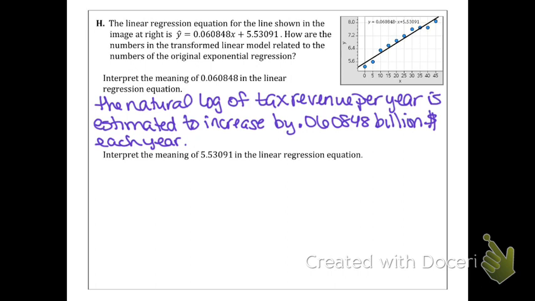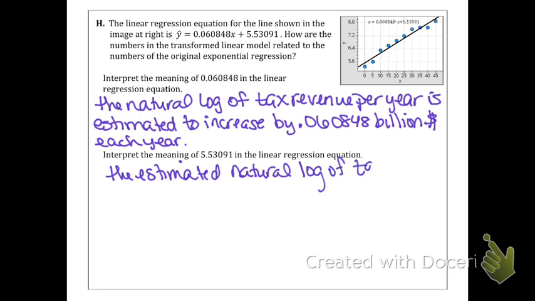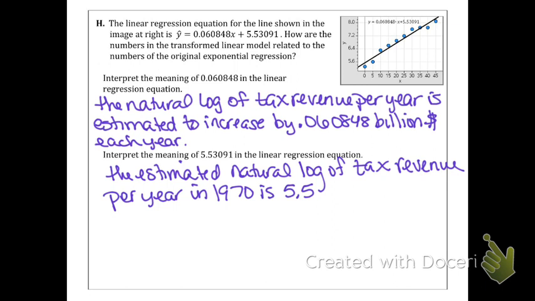So the estimated natural log of tax revenue per year in 1970 is the 5.53091 billion dollars.